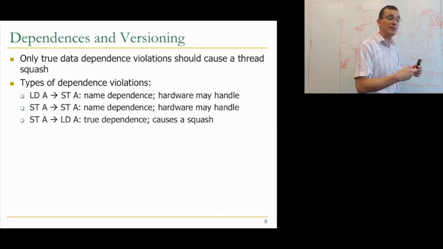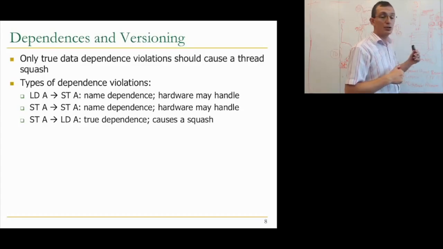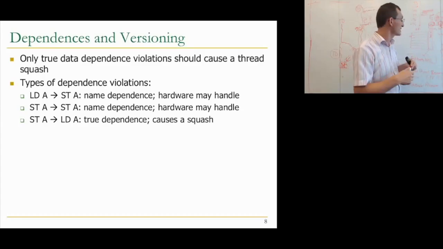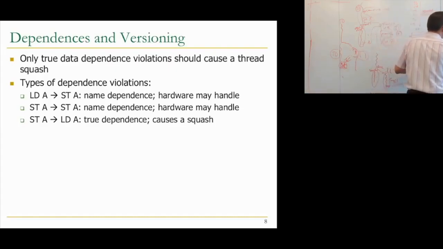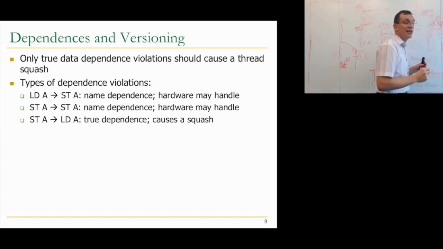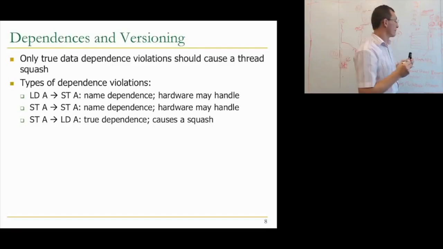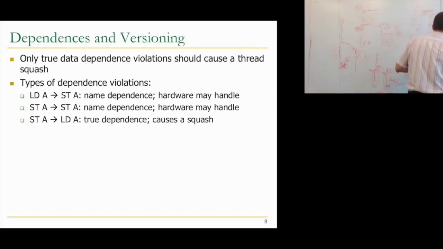Whenever you would like to eliminate not true dependencies, write after write, or write after read dependencies. Well, in this case, I guess it's a write after read dependence, sorry.